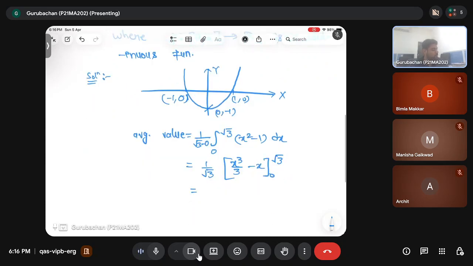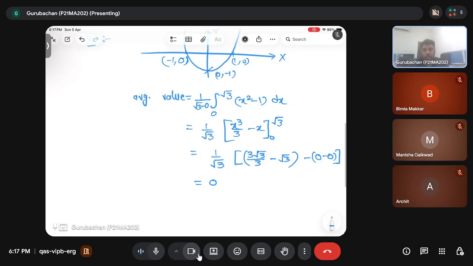So this will give us 1 by under root 3 times (3 under root 3 divided by 3 minus under root 3) minus 0. Definitely this will be 0.